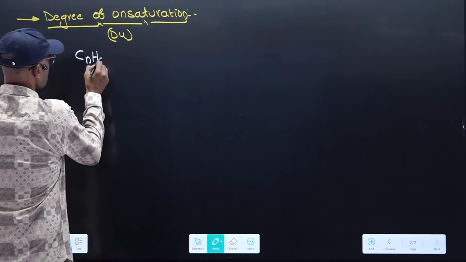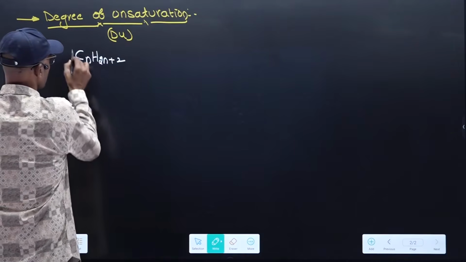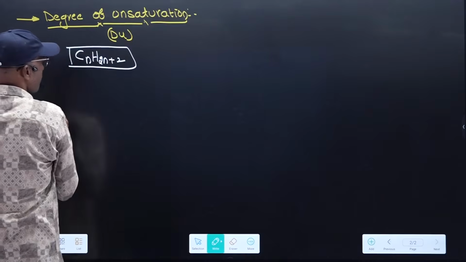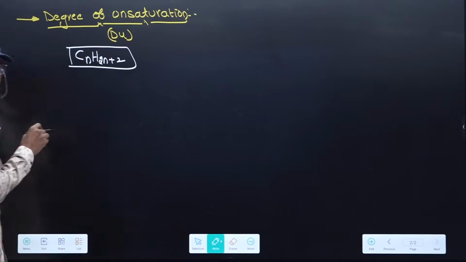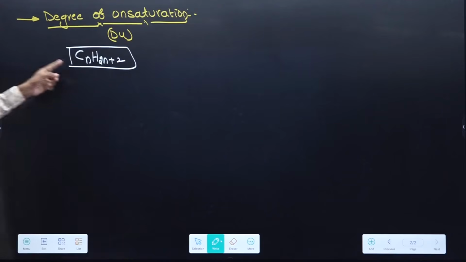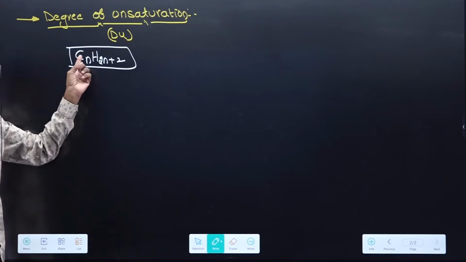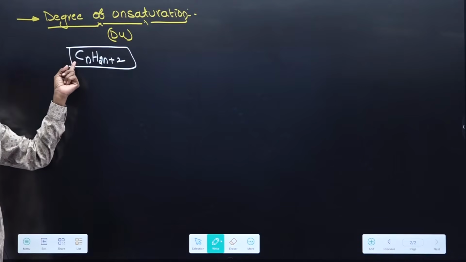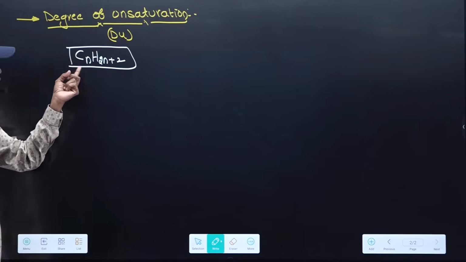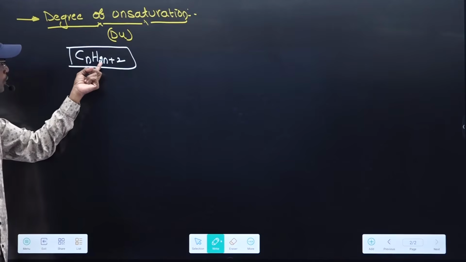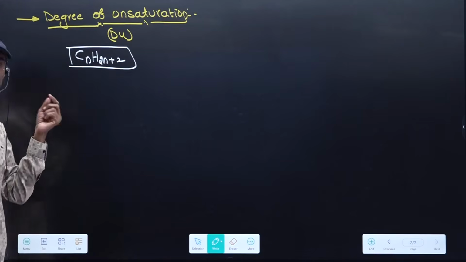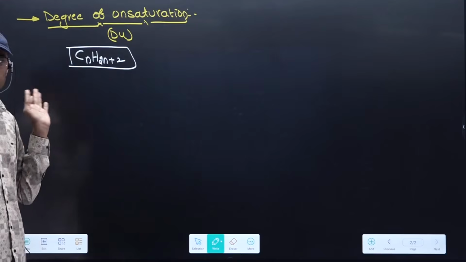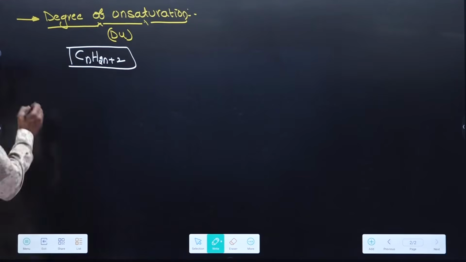So here you write the alkane general formula CnH2n+2. What does n indicate? Number of carbons. n is equal to any integer. You can substitute any integer. Suppose if I substitute 1, CH4. If I substitute 2, C2, 2 into 2, 4 plus 2, 6. n is equal to any integer. Okay, CnH2n+2.